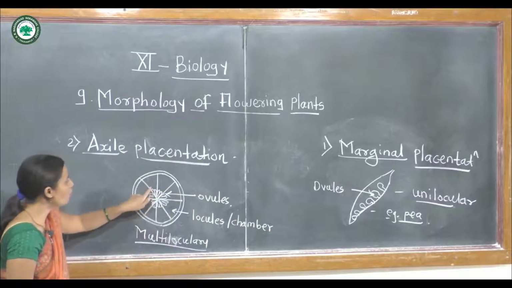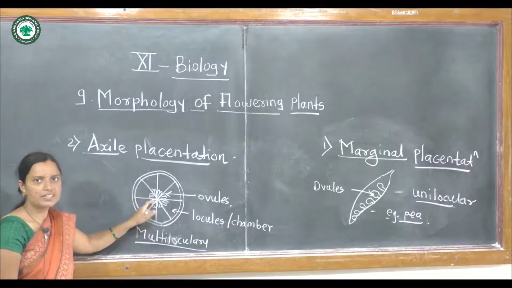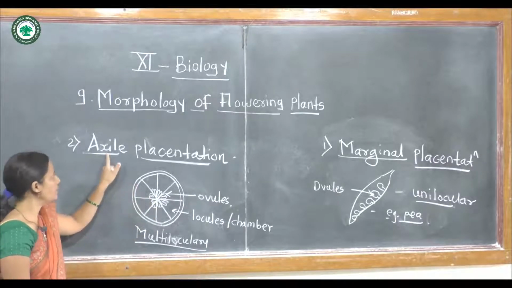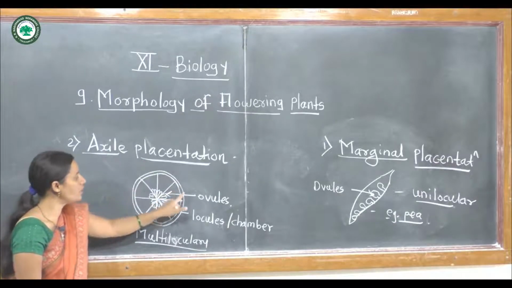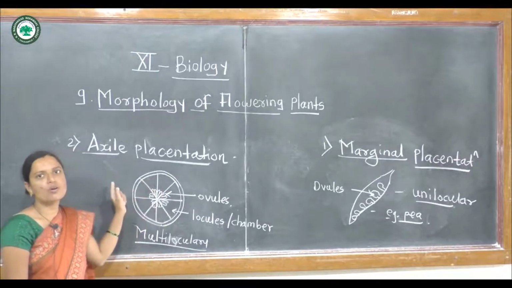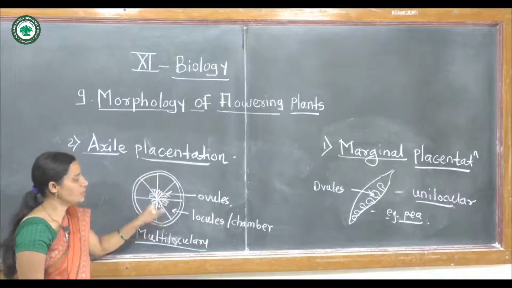Many ovules are arranged at the central axis. This type of arrangement of ovules is called axile placentation.